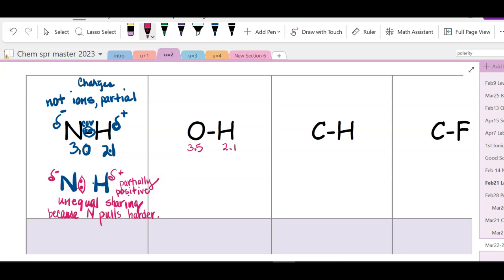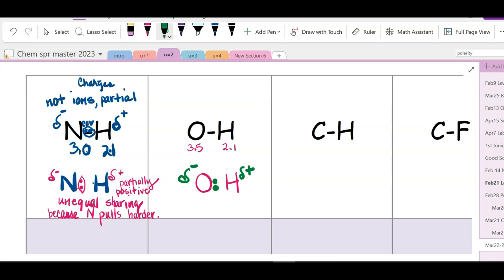Well, then that means that with oxygen and hydrogen, those electrons are going to be very close to oxygen. So doesn't that mean that oxygen will take on the partial negative sign because the electrons, which are negative, are closer to it, and that once again hydrogen has to be partially positive?